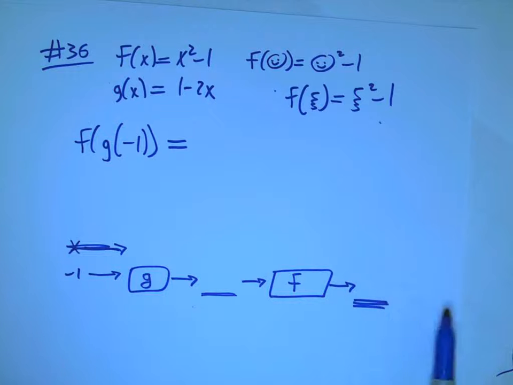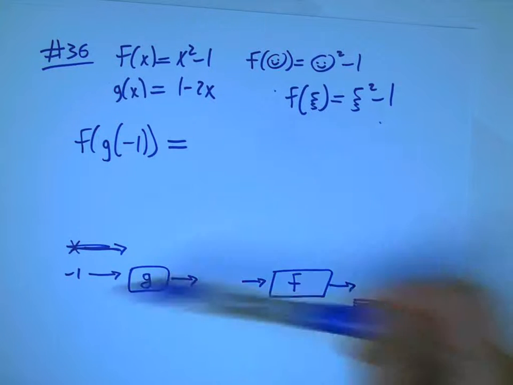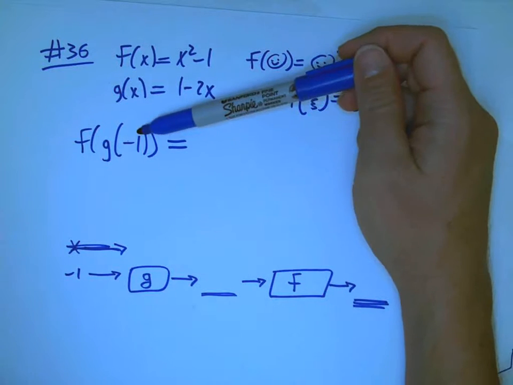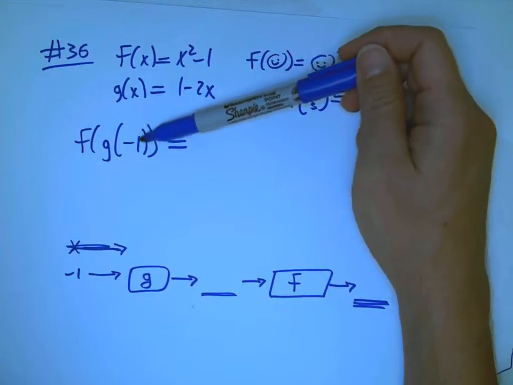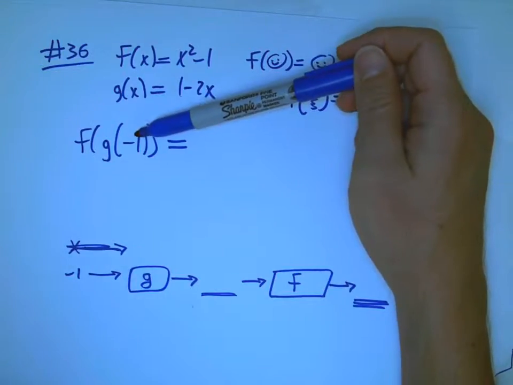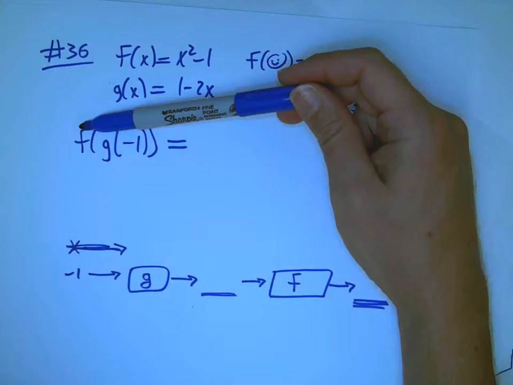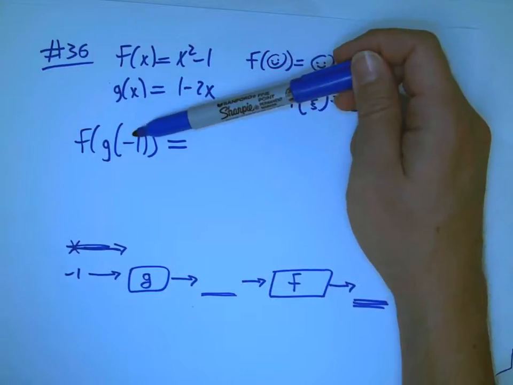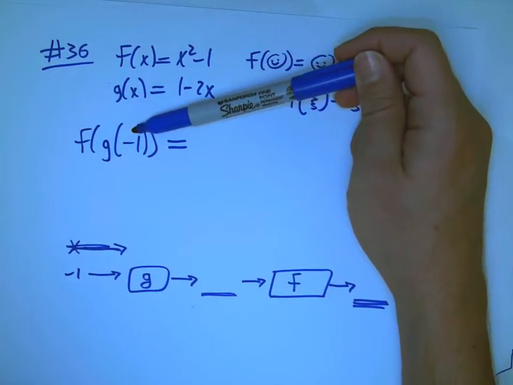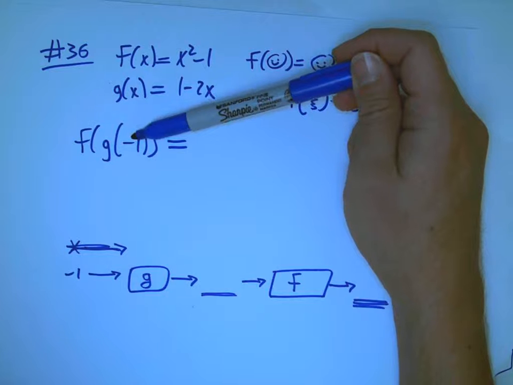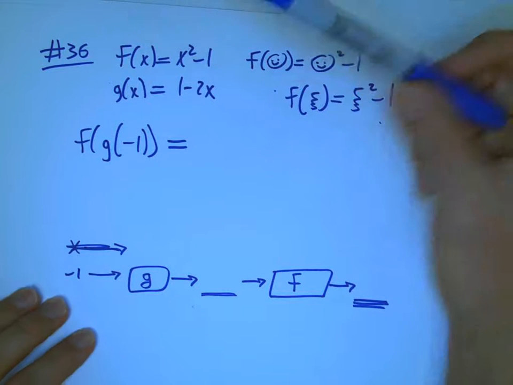Here's the first stage in the assembly line. Here's the second stage. Now eventually out pops a car. You don't start with the car and then get the raw materials later. So here's the raw material. Here's the input to the first operation we're going to do. You actually start on the inside of the parentheses. So it's not so much about working left to right or right to left. It's about working inside out. And when you're evaluating a function that's made in this funky, complicated way, you start at the inside and you work your way out.